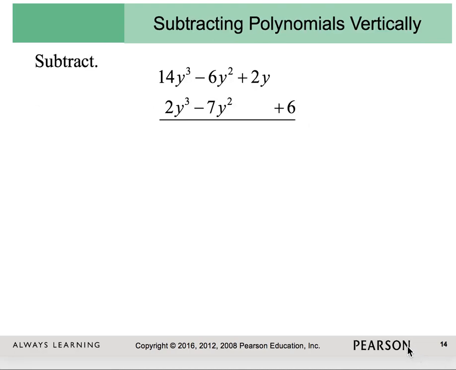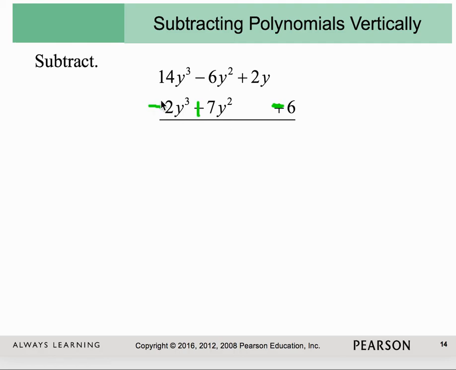Here's another one. They've got it lined up for you. They want you to do it vertically. I suggest never doing them vertically, but whatever. Some people like that, so you can. But because it's a subtraction, it means I got to subtract that, and I'm subtracting this. So really, that's a minus minus, and then that's a minus. We don't have to worry about that when we're adding, right? We're just combining them signs as they are.